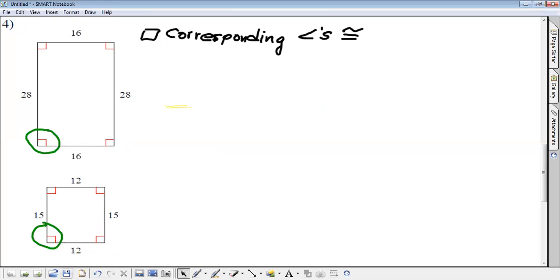Are they congruent? Yes. Now look at the upper left angle. Are they congruent? Yes. So in this case, all the corresponding angles are congruent. All of them. Now I have to check for the second condition. The next condition is, you guys know what this means?